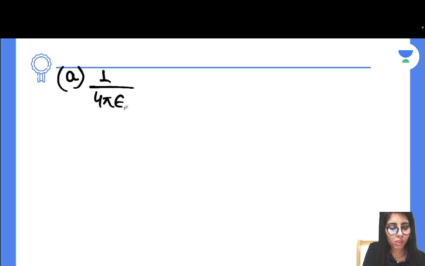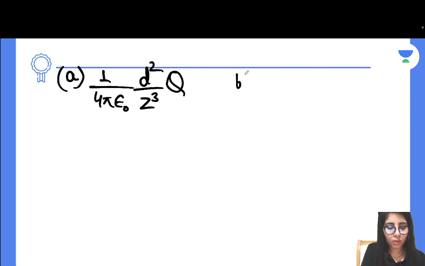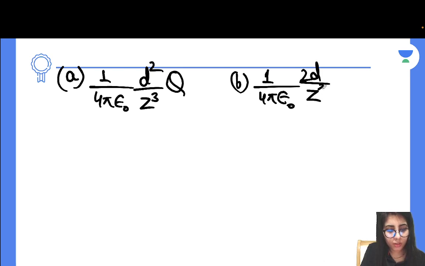Now options are: 1 over 4 pi epsilon naught d square over z cube times q. The other one is 1 over 4 pi epsilon naught 2d over z square times q.